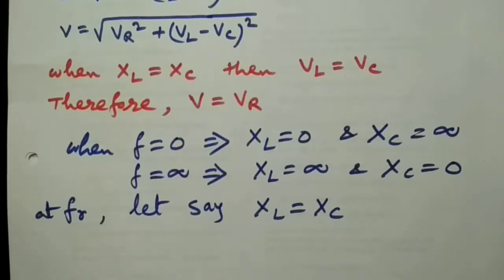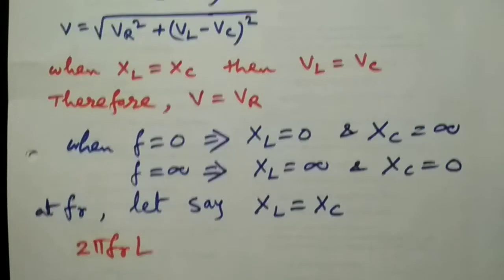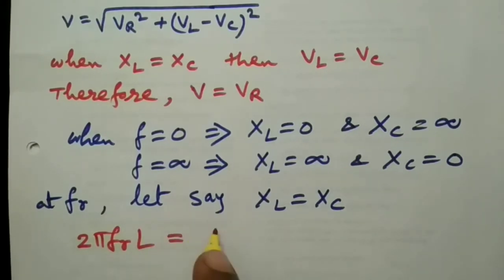So now we can write XL is equal to 2 pi FR L, because now the frequency is FR, and it will be equal to XC, that is 1 upon 2 pi FR C.